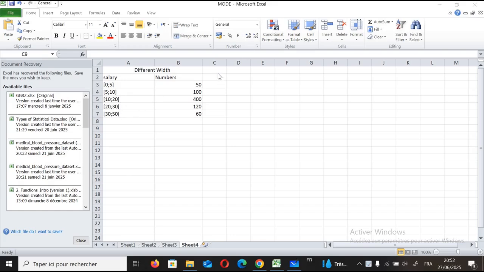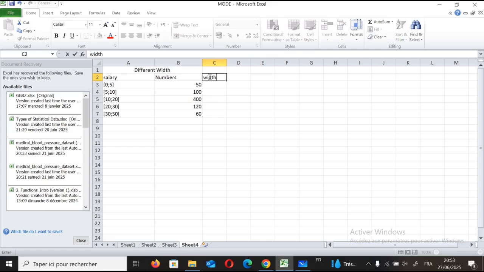In order for us to handle this, we should readjust the numbers by the width. To do that, we choose a width of reference. Let's take 5 as the width of reference.